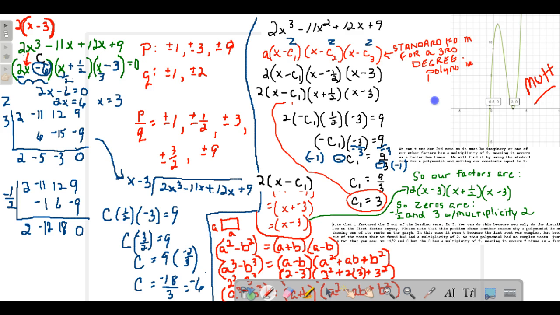Say if we had this on both sides, you could say, you know, I can just get rid of that and I still have a true statement, 2 equals 2.